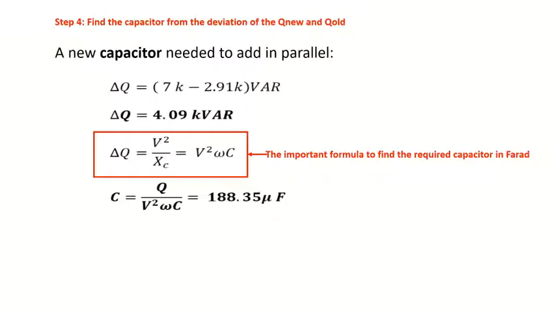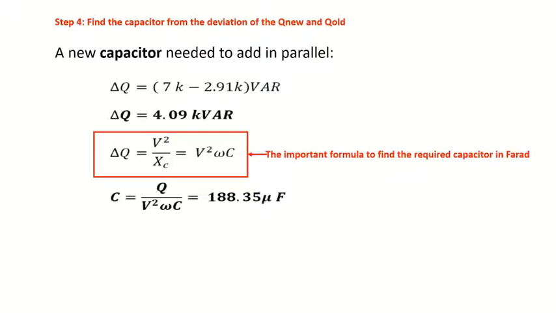This is the important formula to find the required capacitor in farad: delta Q is equivalent to V squared divided by XC, which is also V squared omega C. So your capacitor is delta Q divided by V squared omega, where omega is 2 pi f. You can use the frequency given as 50 Hertz.